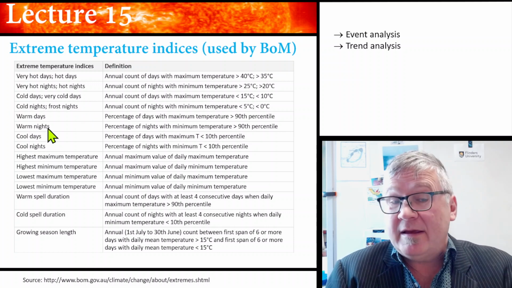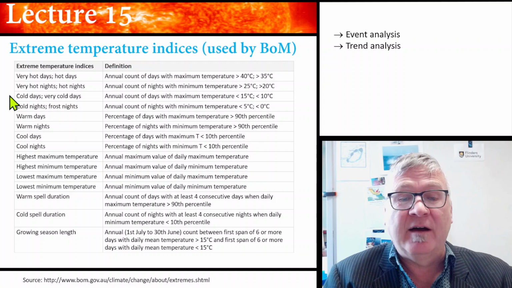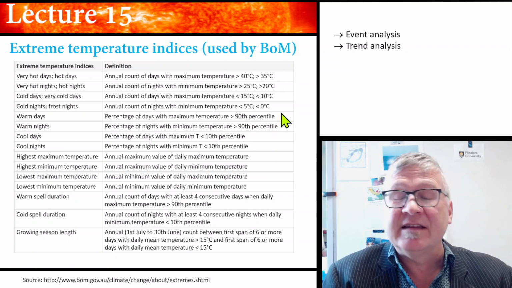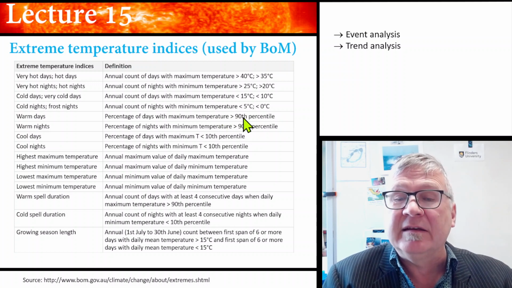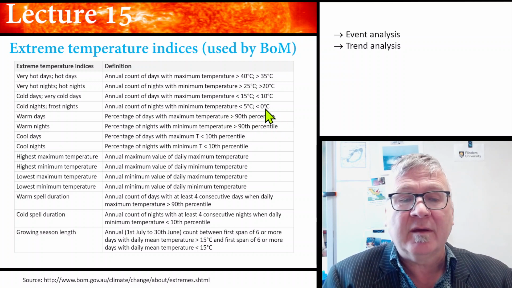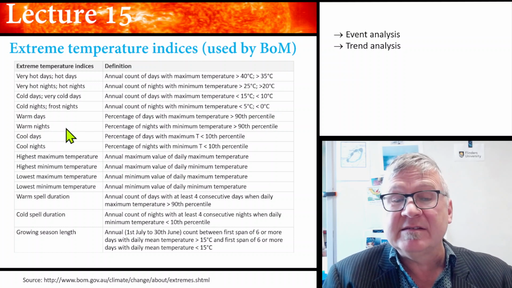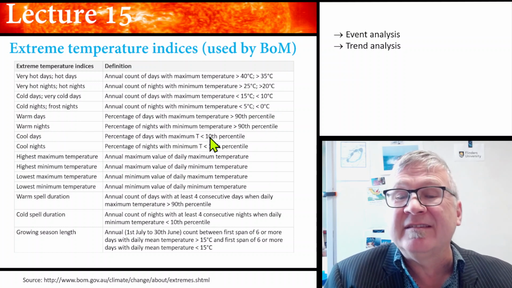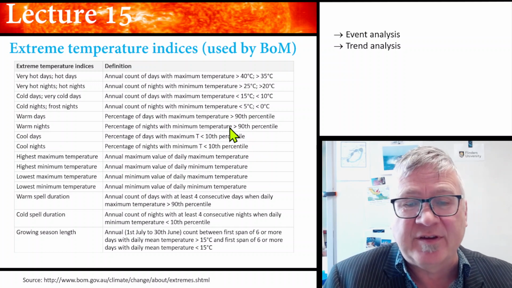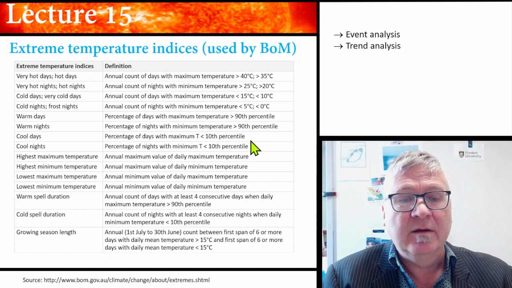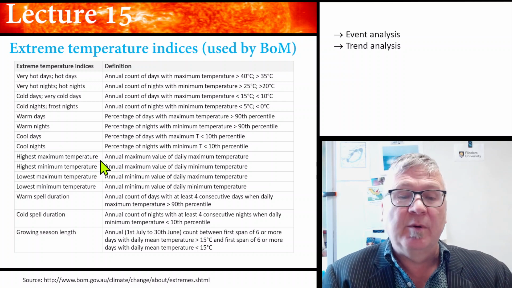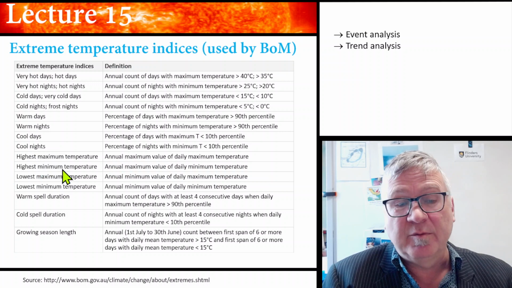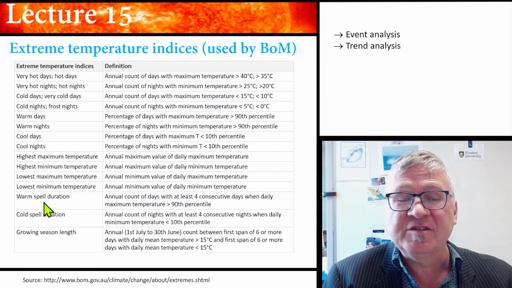Warm days in general are defined as the percentage of days exceeding the 90th percentile. This is based on 90%. And warm nights, similarly cool nights and cool days, here you have the 10th percentile or 10%. Then you can look at the highest maximum temperature, the highest minimum temperature, and warm spell duration.